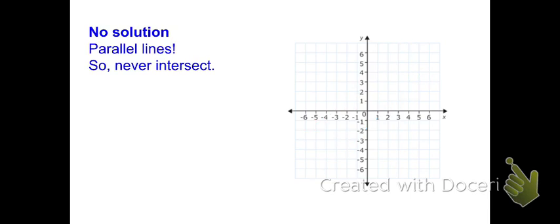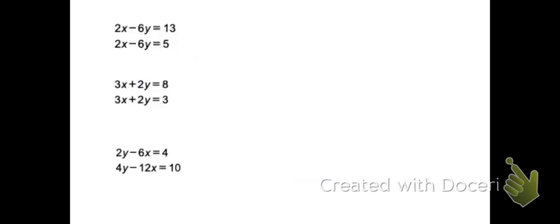So to see if something is parallel lines, everything is the same except for the number. The number being multiplied by x is the same, the number being multiplied by y is the same, but they're equal to different numbers, like in the first set of systems of equations. Notice they both have 2x minus 6y, but this one's equal to 13 and this one's equal to 5, but these are the same.